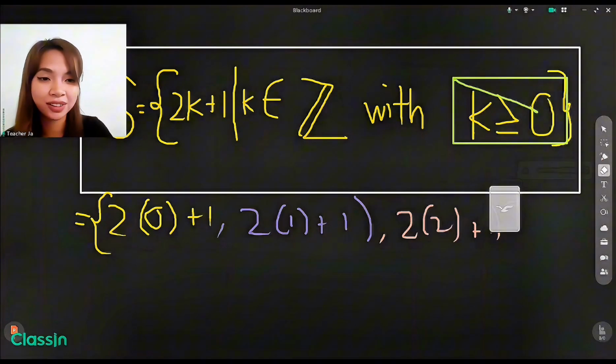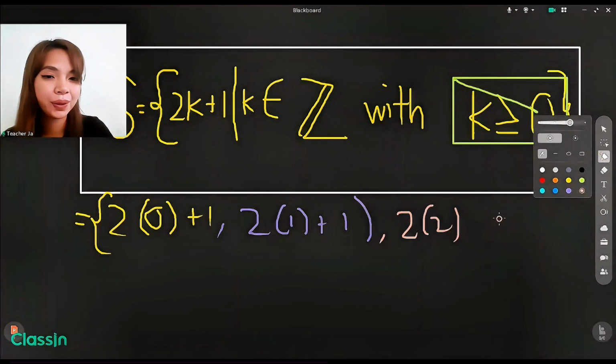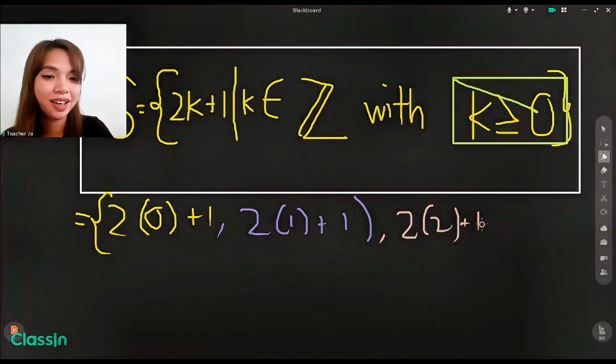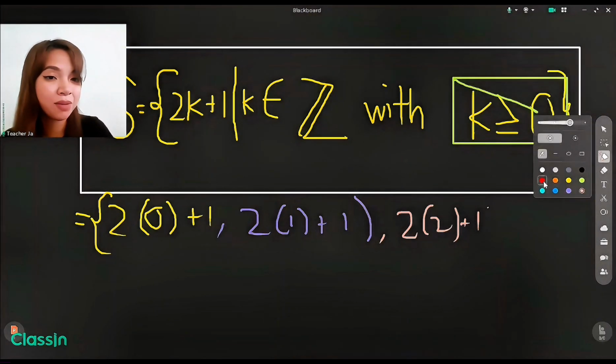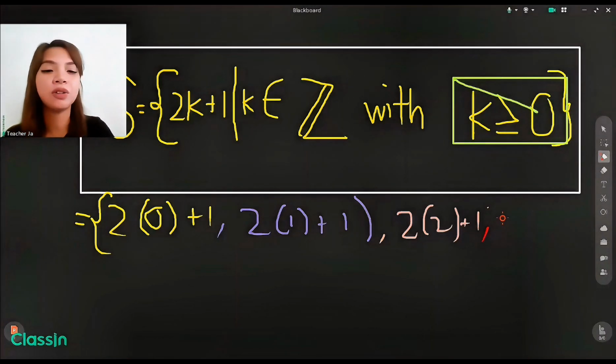Okay, I think that's enough for this. For the last example we're going to use 3 also, because, just like I said a while back, k is greater than or equal to 0.